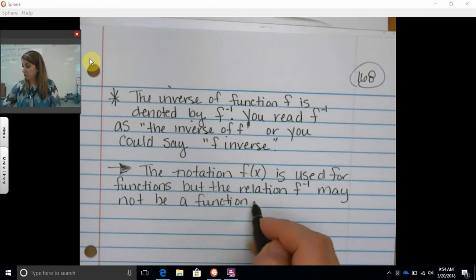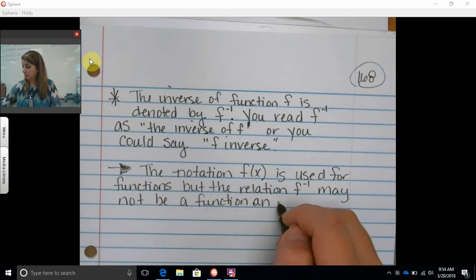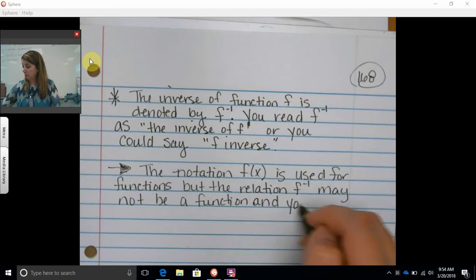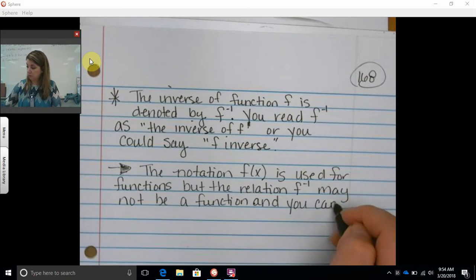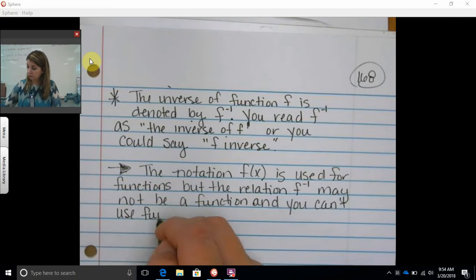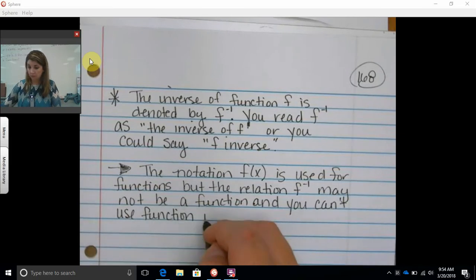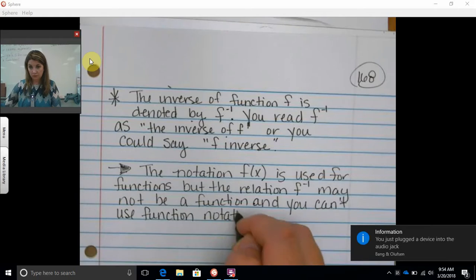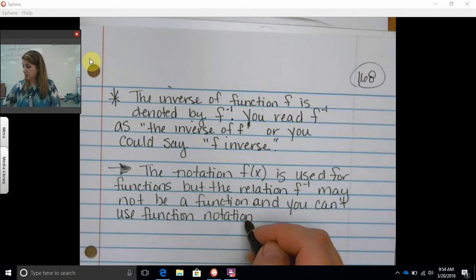And you can't use function notation if a relation is not a function.